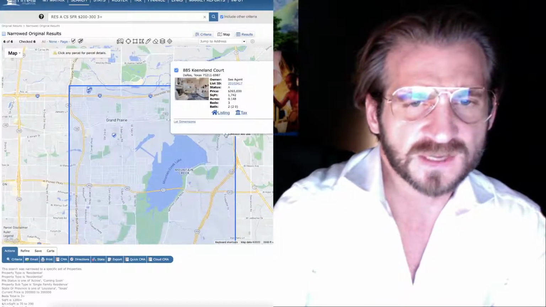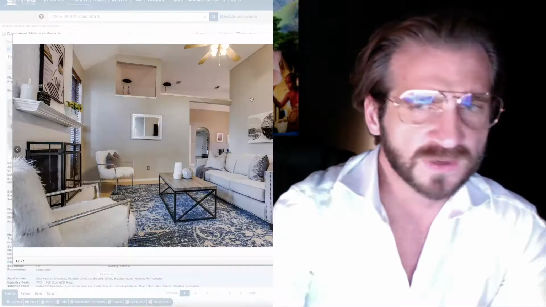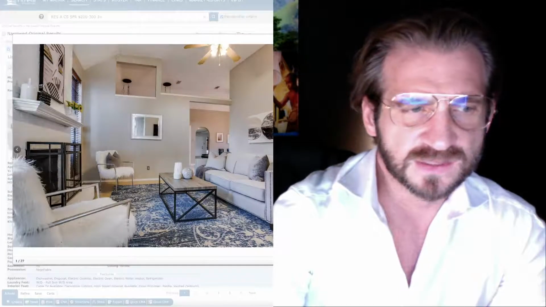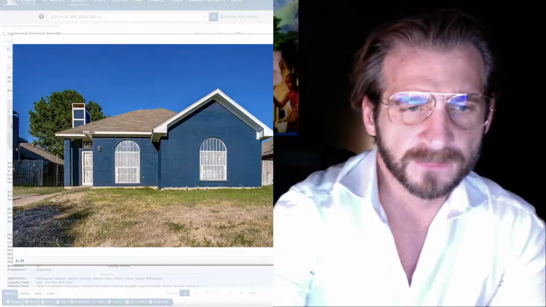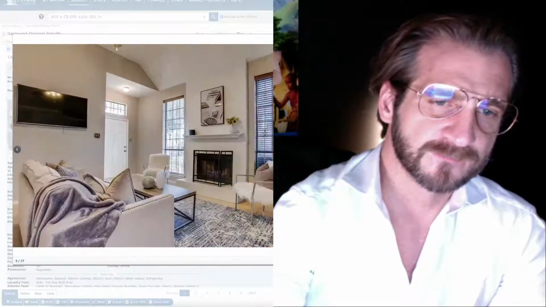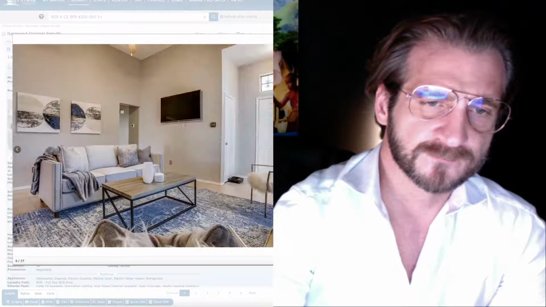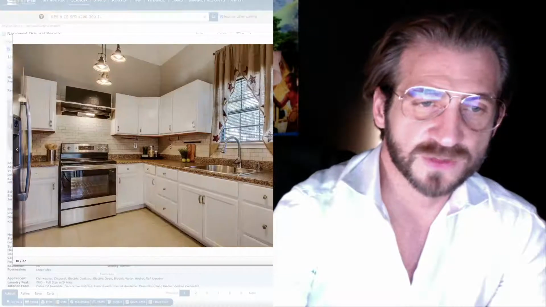The property itself is a beautiful property. If you can see here, on the inside it looks nice, very marketable. Outside, not so much. Looks like a good rental.